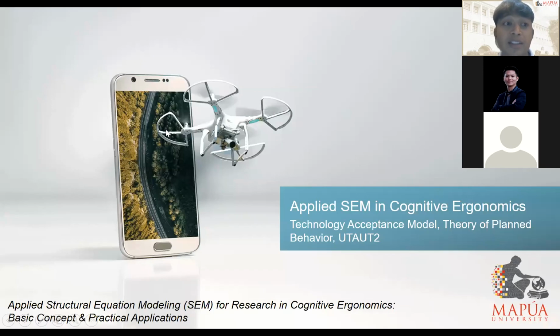Now we talk about structural equation modeling. When you do structural equation modeling, it is better to have a strong theoretical background. That's why we always ask what theory you use, what model you use, what approach you use. You cannot just put this one and that one together in one model and try to see the connection.